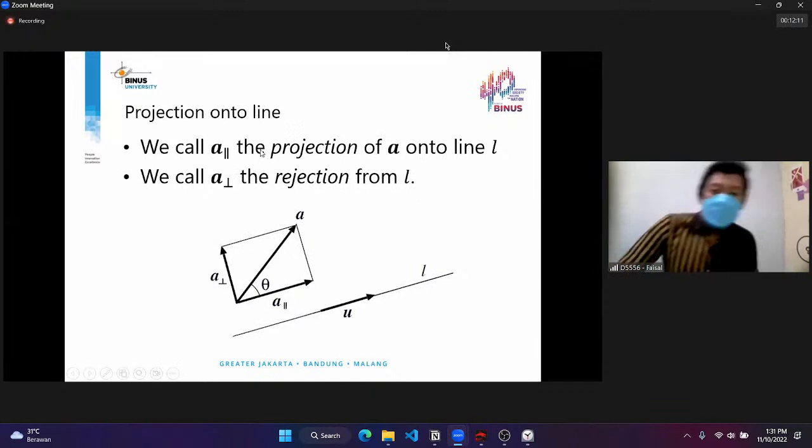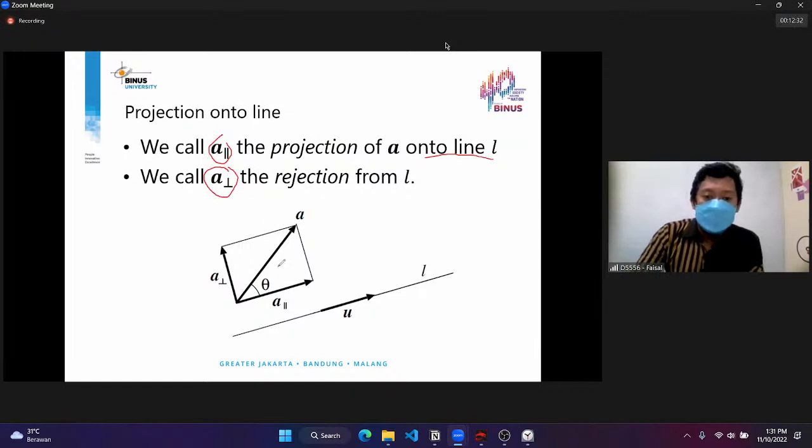We call A with the parallel subscript the projection of A onto line L. And the other one, this one, is the rejection.